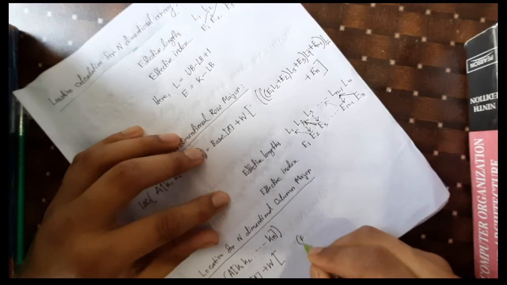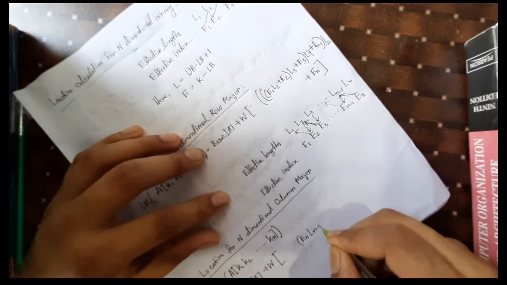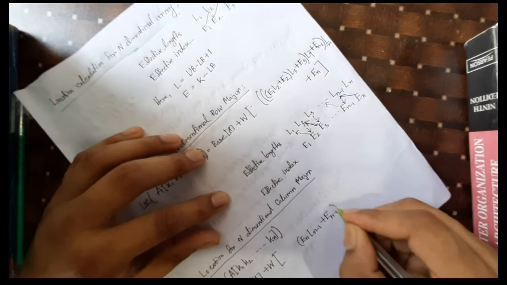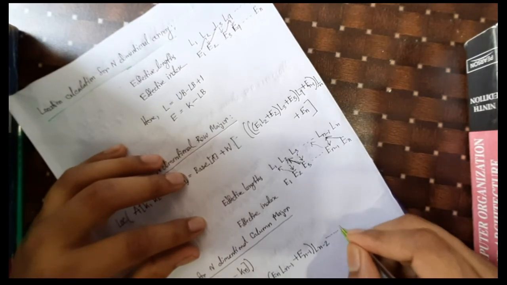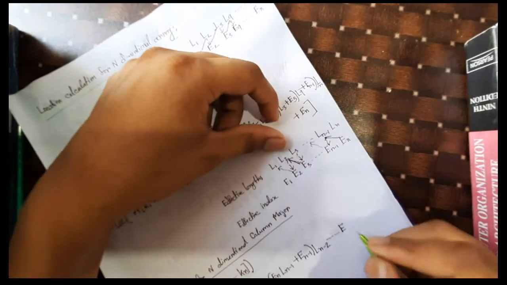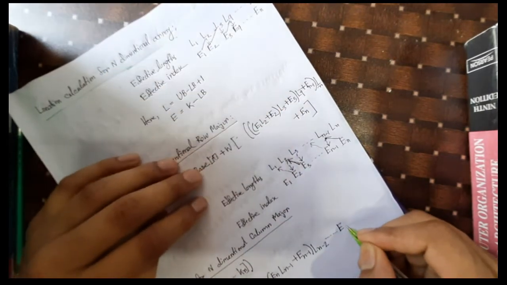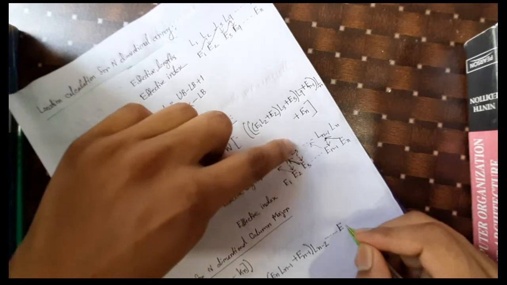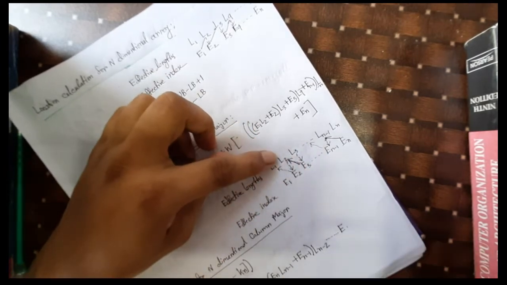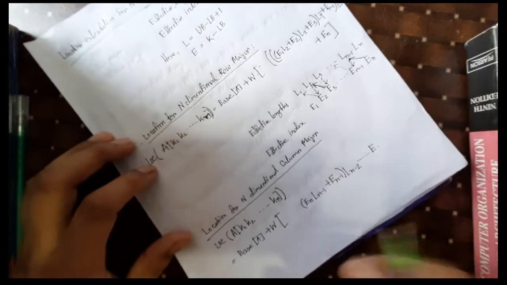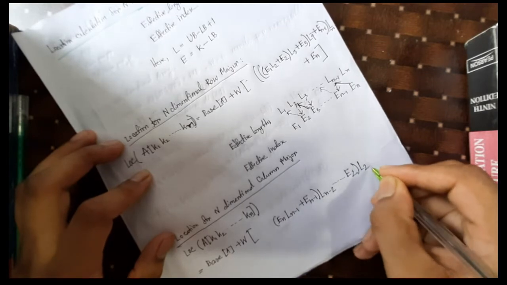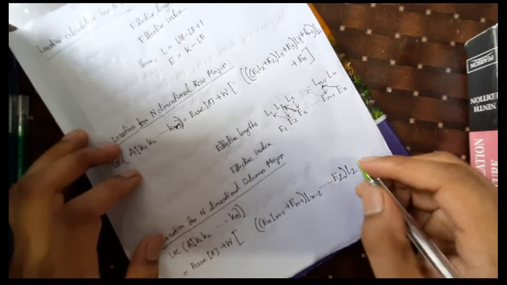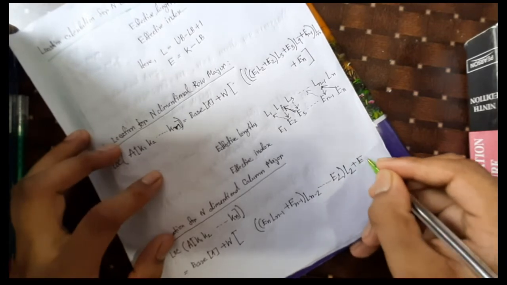Then we will write En Ln minus 1 plus En minus 1 Ln minus 2, dot dot dot, and at the ending plus E1.